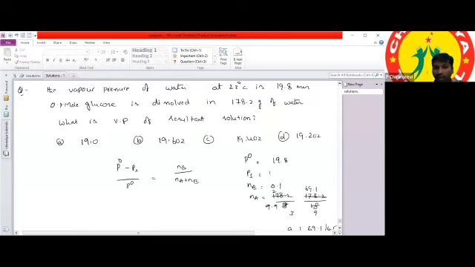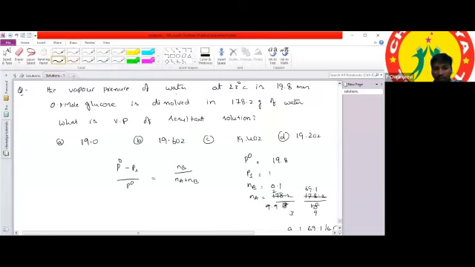Now if we substitute the number of moles in the above equation, with P naught equal to 19.8: (19.8 minus PS) divided by 19.8 is equal to 0.1 divided by (0.1 plus 9.9). 9.9 plus 0.1 gives us 10 only.